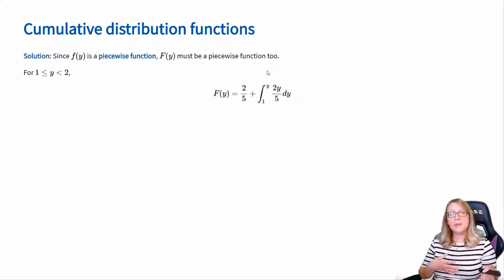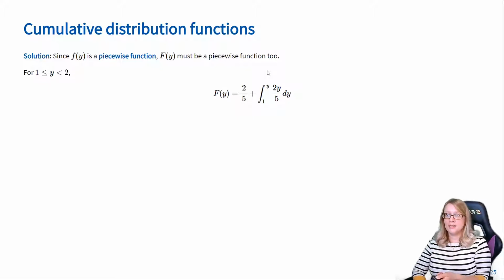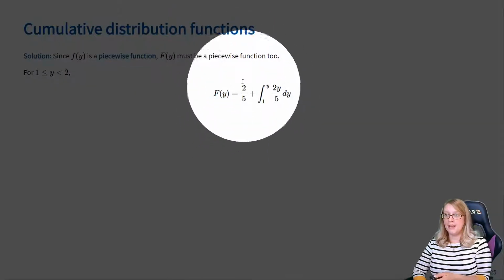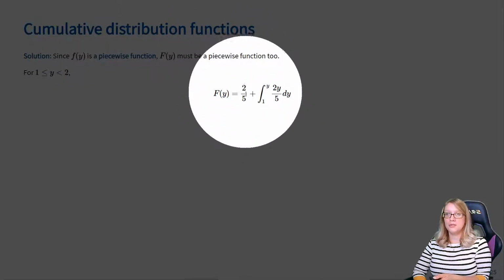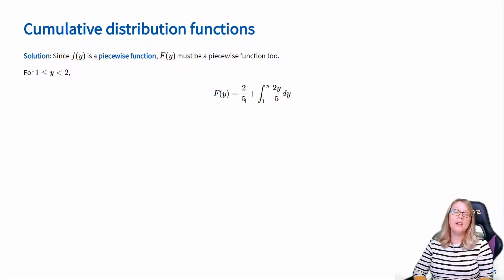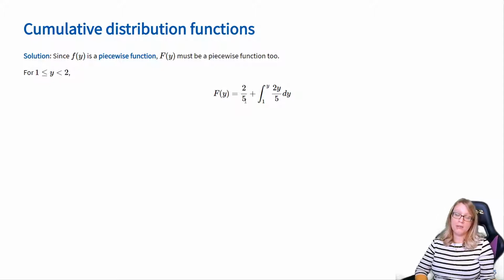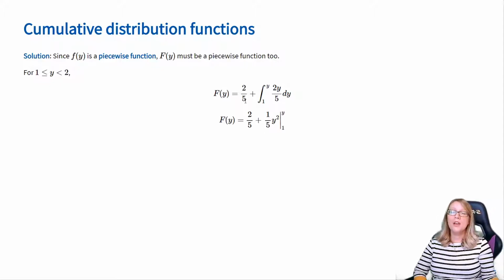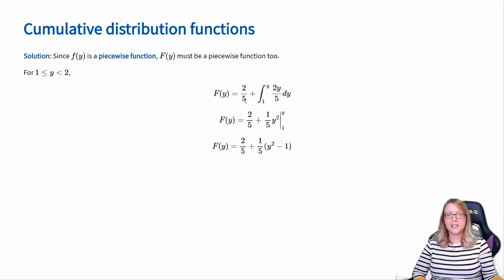For the next piece of this function, 1 less than or equal to y less than 2, our CDF is the cumulative probability that has occurred up to 1, so 2/5, plus the integral from 1 to y of 2y over 5 dy. So then our CDF, once you evaluate that integral, is 2/5 plus 1/5 times the quantity y squared minus 1.